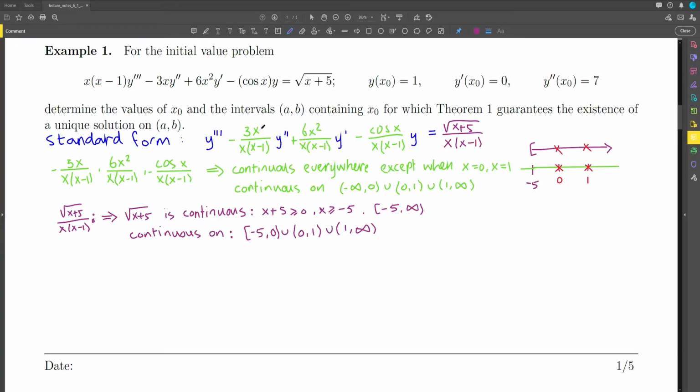Now, to know where all of these functions are continuous, we have to look at the intersection of these two sets. So what do these two have in common? Well, we can clearly see 1 to infinity is in both, 0 to 1 is in both, and then we need to look at the smaller of these two.